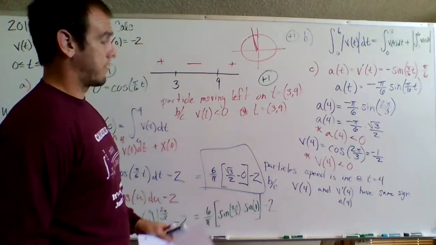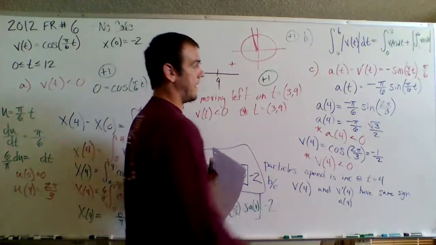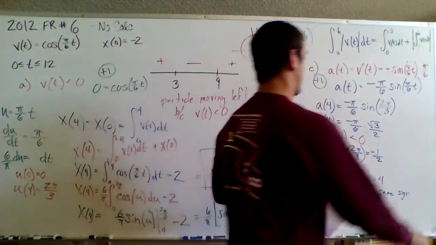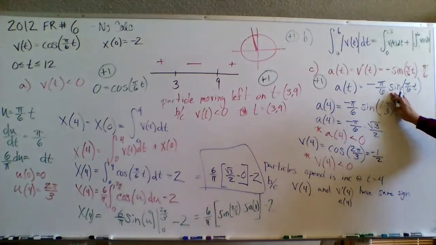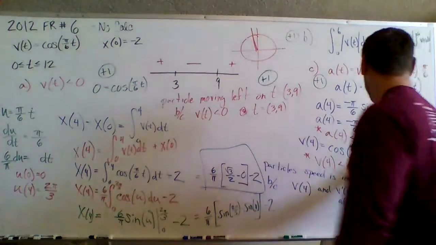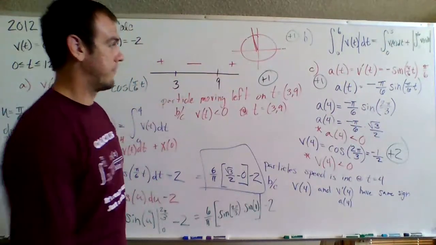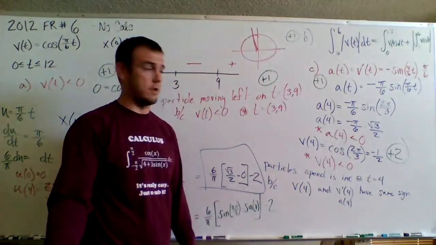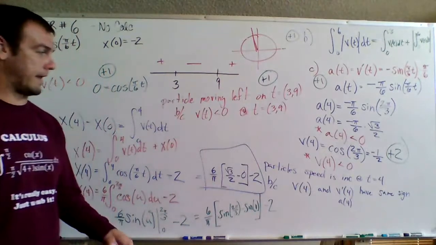But that's really it. Part C, you get 1 point for finding your acceleration. Okay, so you should have either one of these would be fine. And then you're going to get 2 points for your conclusion with a reasoning. Now I would assume that if you figured out A of 4 and B of 4, that was probably going to be one of those 2 points, with your answer being your justification here, that they have the same sign.